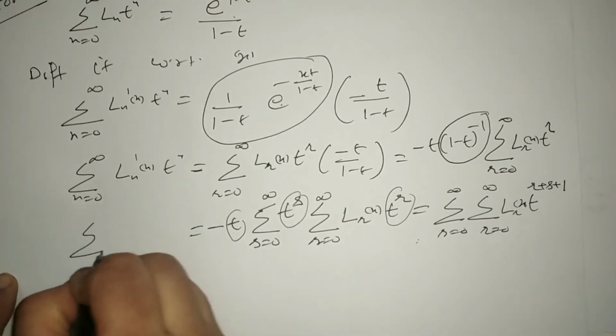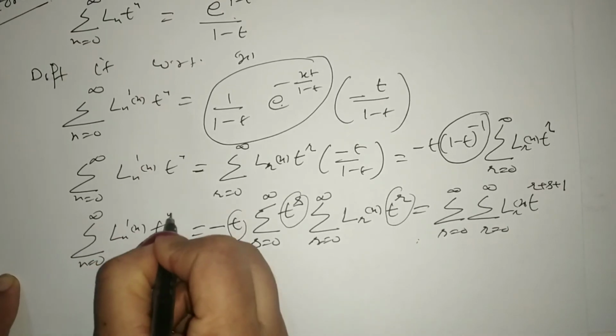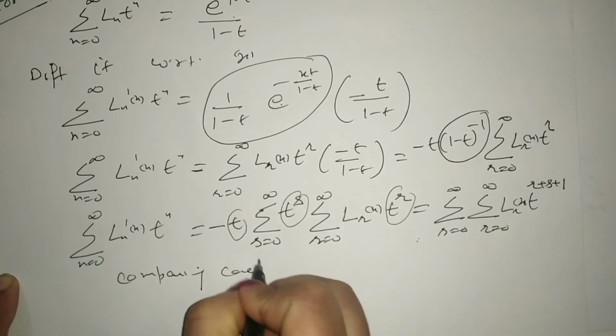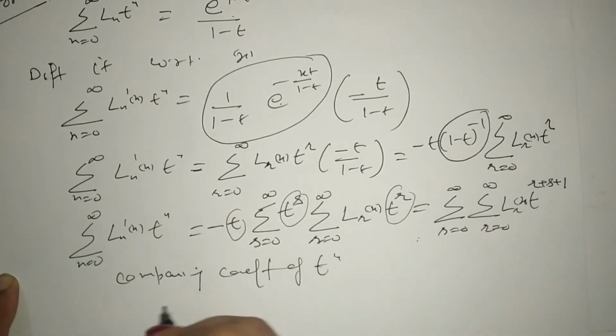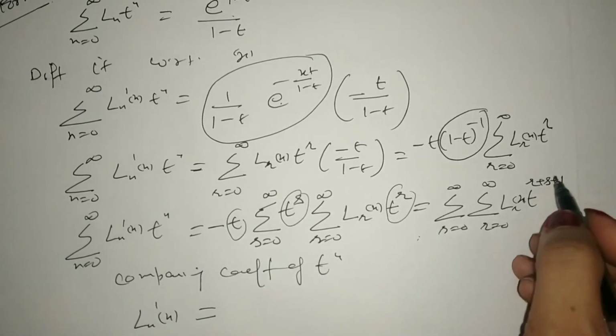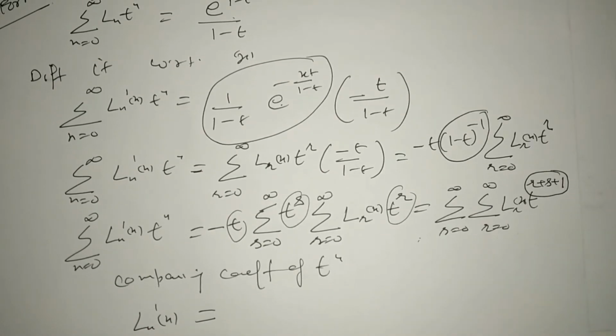On the other side we have the summation over n of L_n'(x) t^n. Now comparing the coefficient of t^n, it is L_n'(x) here. On the other side we have the coefficient of t raised to power r plus s plus 1.